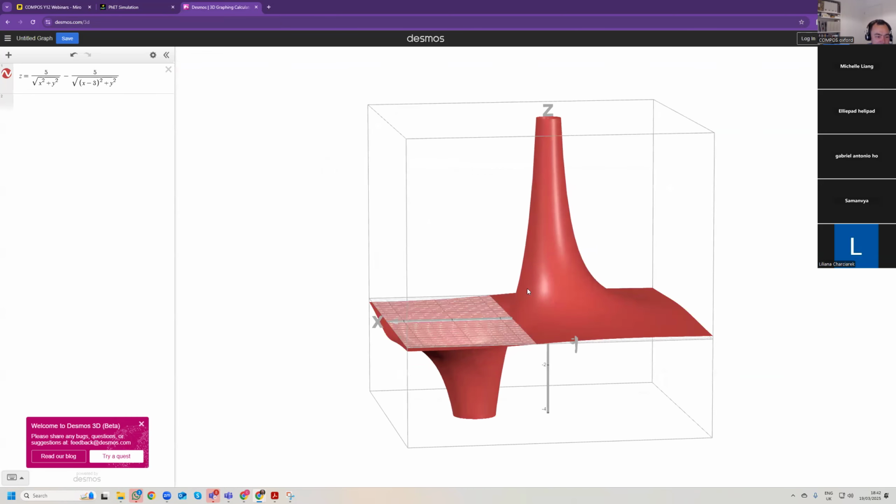So it's rolling from here, rolling on this side and then rolling back, rolling back.